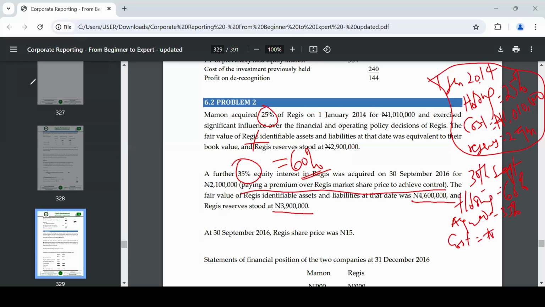It was 2.1 million. And now we have been told the fair value of net assets acquired is equal to 4.6 million. However, reserve is 3.9 million.